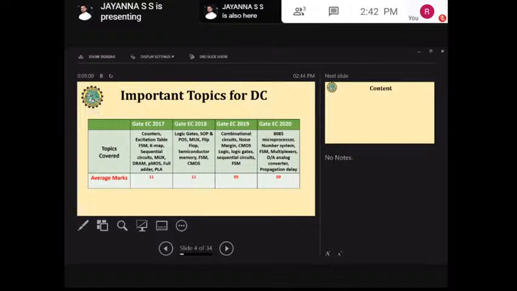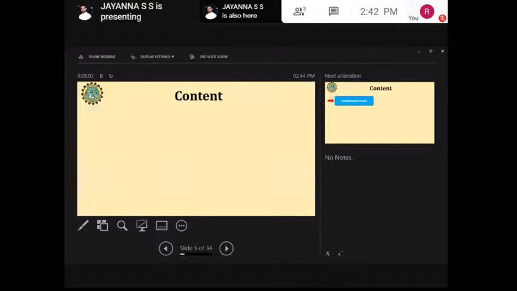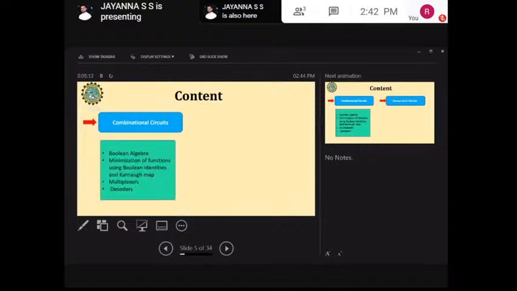Now, moving further, these are the contents I am going to explain. First, I am going to explain combinational circuits and solve a few problems on that.